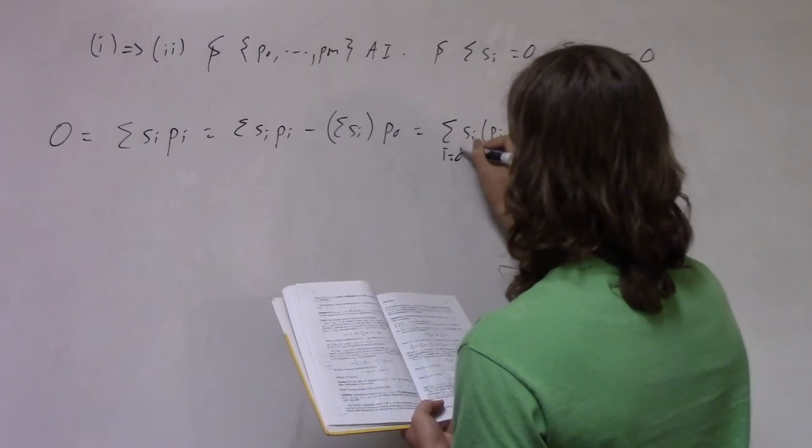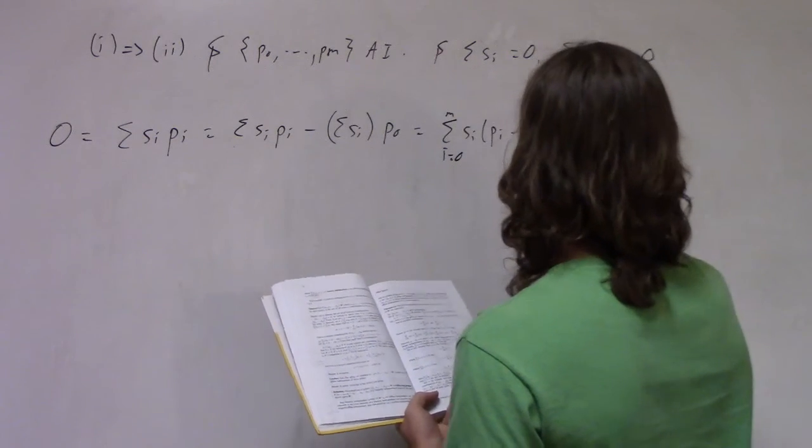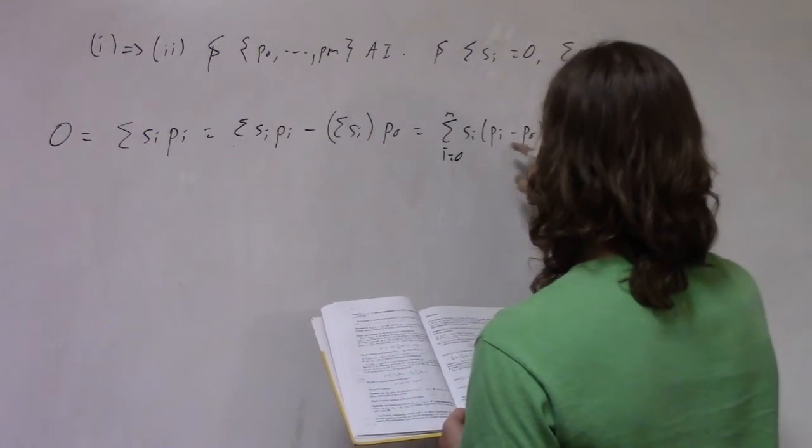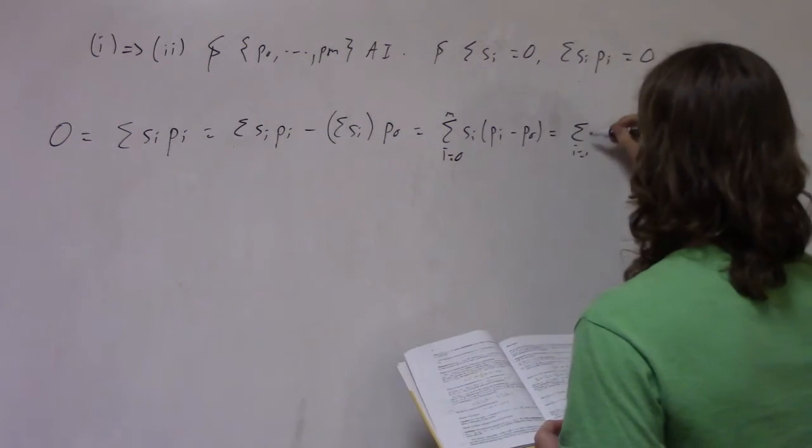This is i equals 0 to m, but it's also i equals 1 to m because i equals 0 just makes it 0.